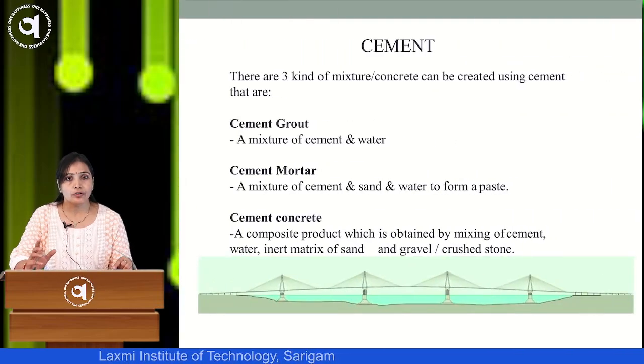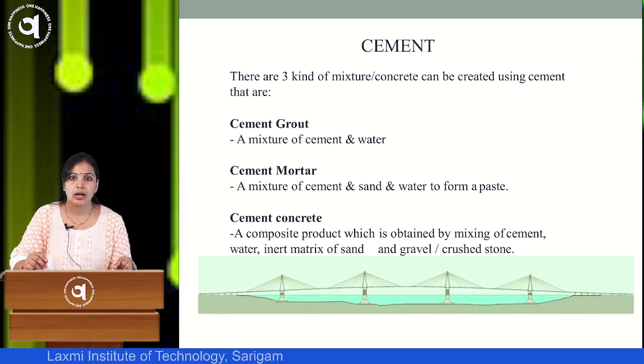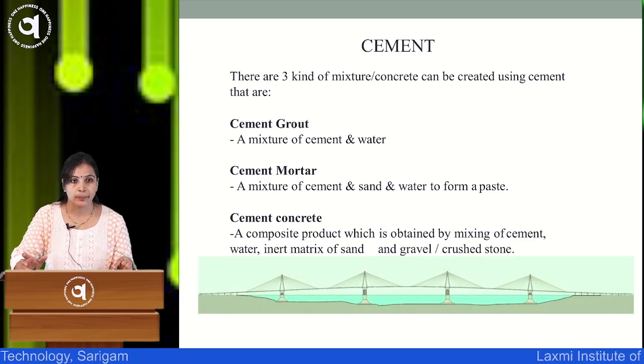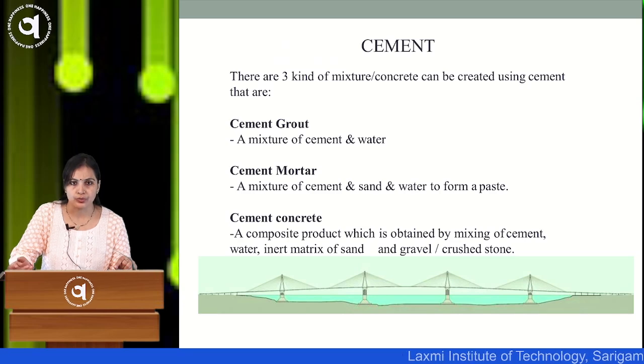Now with cement, we all know that there are three kinds of mixture we can make with the help of cement. First is cement grout, a mixture of cement and water. Cement mortar, where we add sand with cement and water to form a paste. And cement concrete, a composite product obtained by mixing cement, water and an inert matrix of sand and gravel or crushed stones.